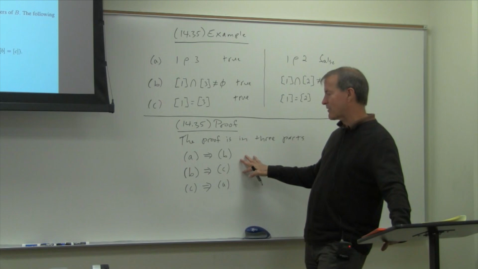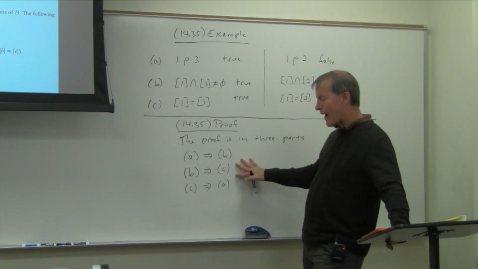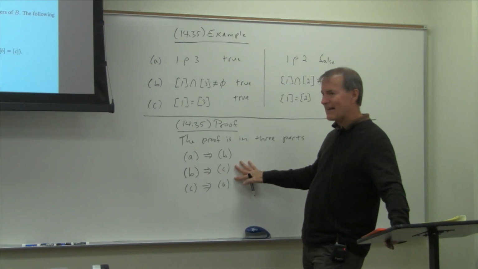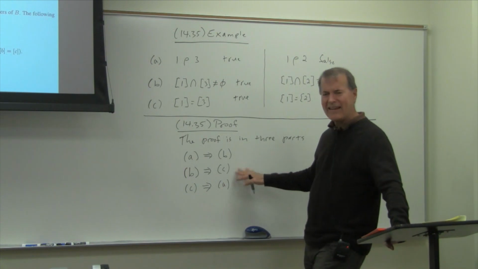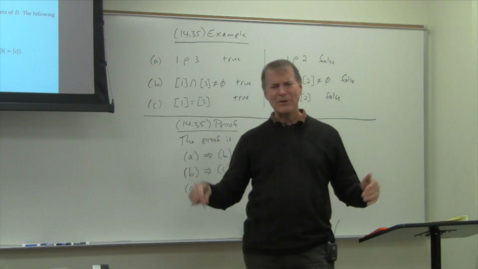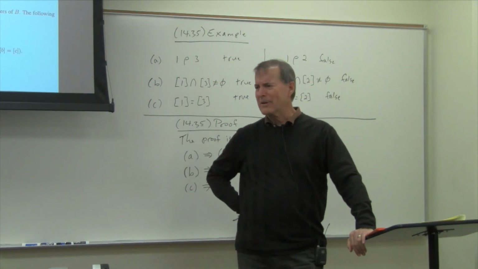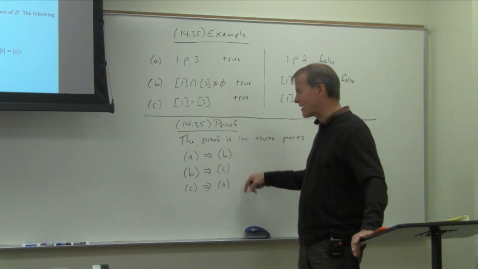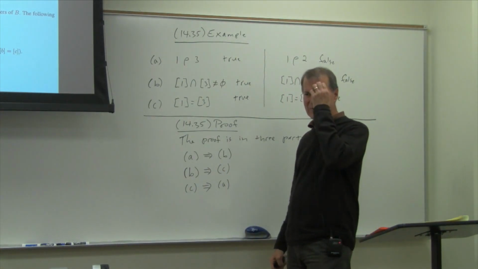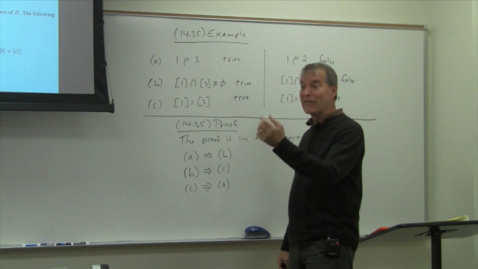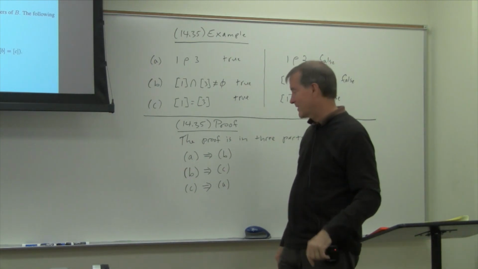But wait a minute. We're proving that they imply each other, not that they're equivalent. So what's going on here? Why does this prove that they are equivalent? Transitivity. There's something about transitivity.